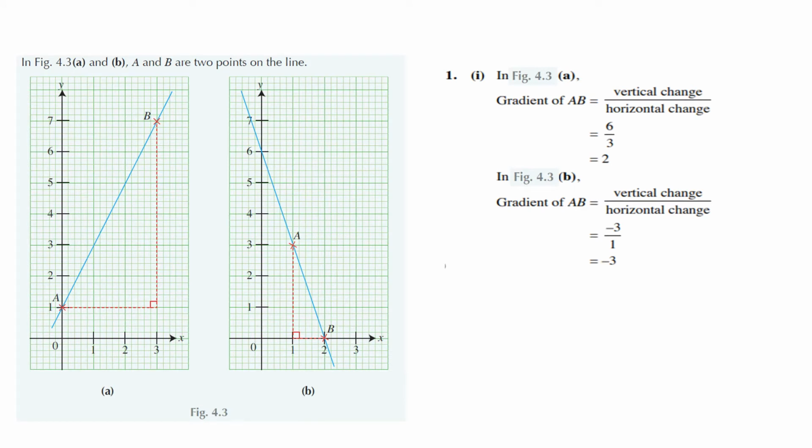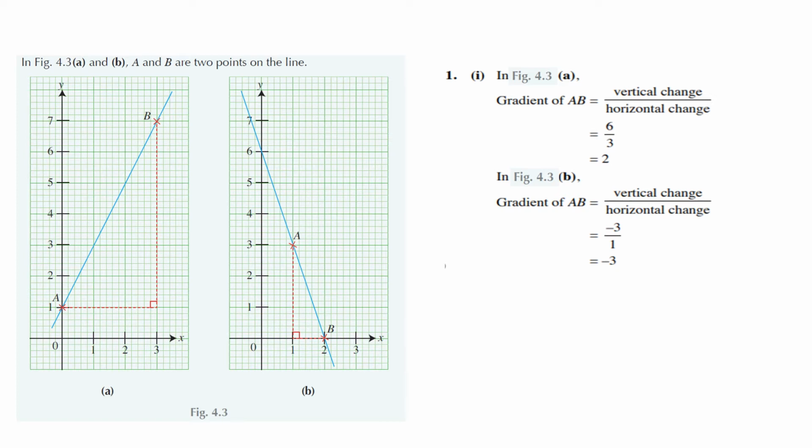Dear students, in the previous class we studied how to calculate the gradient of a straight line graphically. Let us take examples to recall the gradient of a straight line by finding the ratio of vertical change to the horizontal change.